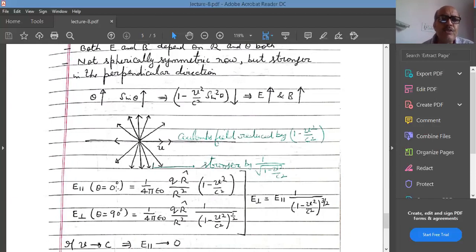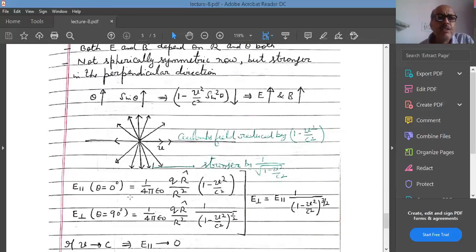So for theta equal to 0 degrees, this becomes 1 upon 4 pi epsilon 0 q into r upon r square. If you put theta equal to 0, sine 0 is 0. So in the denominator, we have 1 minus v square upon c square. This is the dominating factor along the parallel direction, or along theta equal to 0.